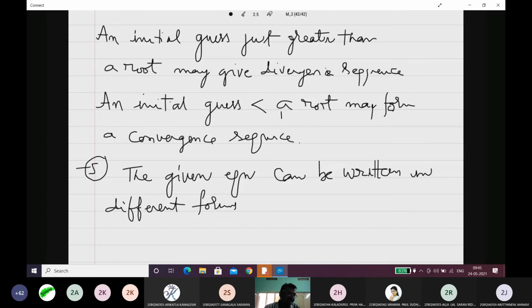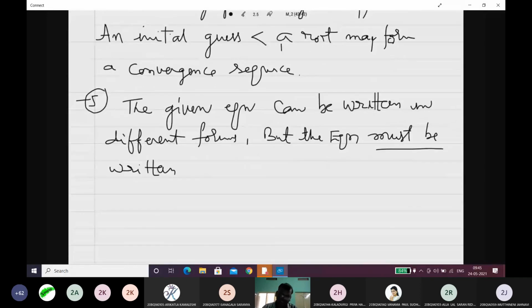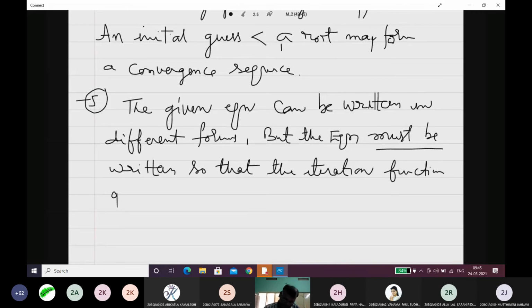But the equation must be written so that the iteration function gives a convergent sequence. This is very, very important.